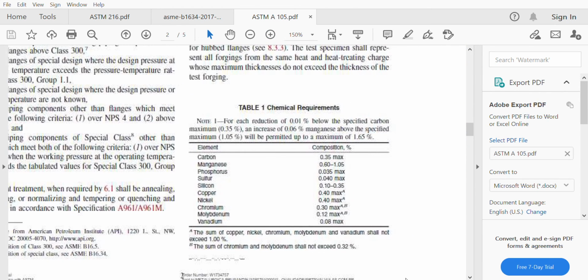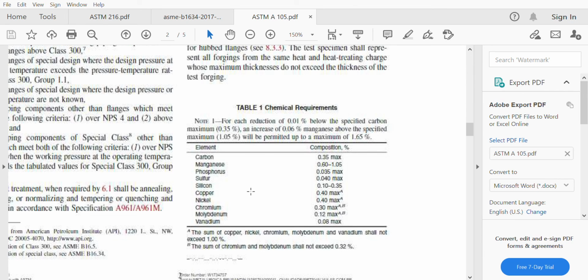We need to know the chemical requirement. As you can see here, the carbon is maximum 0.35 like other carbon steel materials, and manganese is 0.6 to 1.05. So slightly lesser manganese content compared to WCC, where the manganese content was almost 1.2%.